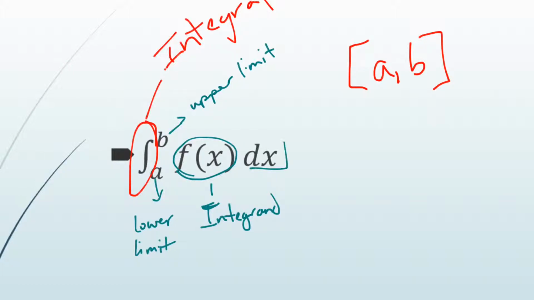And then dx is the variable of integration, just like it was the variable that we're taking the derivative with respect to before. So these are all the parts of our integral.